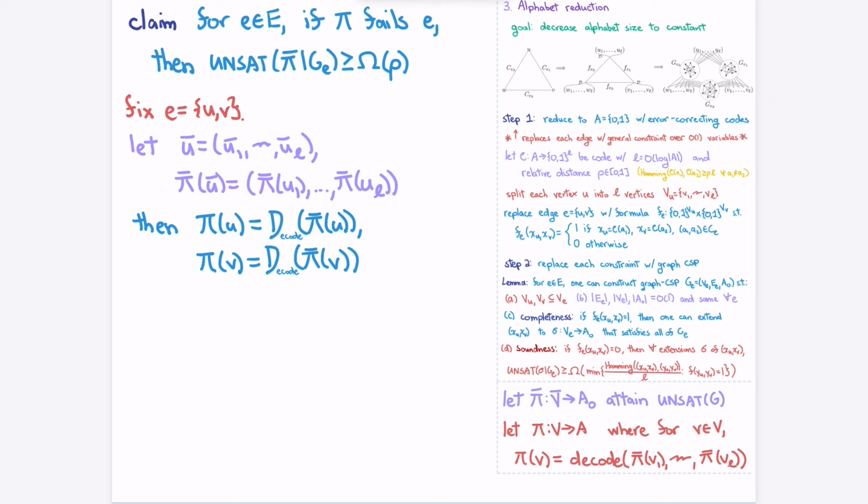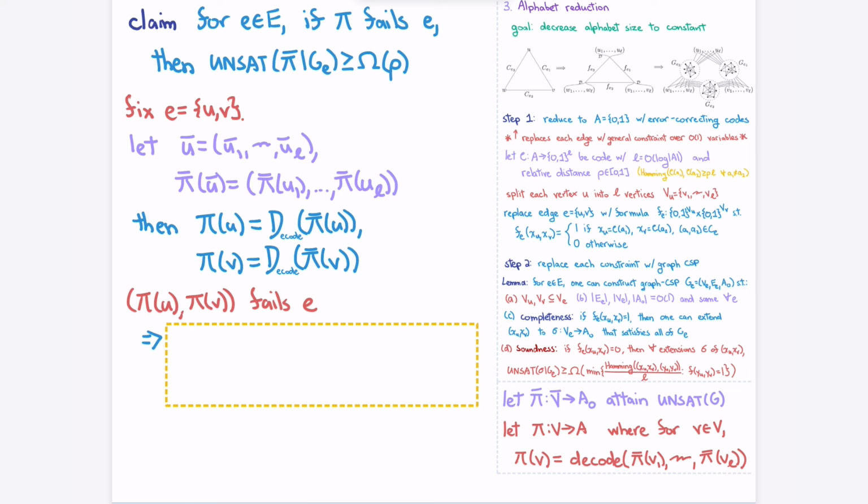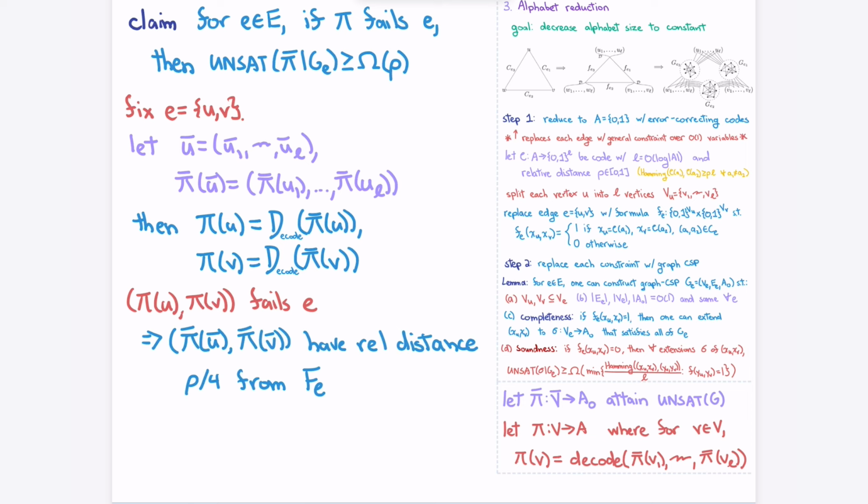Now, if our labels fail E, then I know that the distance from any good, so F sub E is supposed to be any of the codes of the good letters, must be kind of far. Because you have some letters that are bad, at least one of them is bad. So to get to two good letters, one of these codes will have to change by a lot of bits.